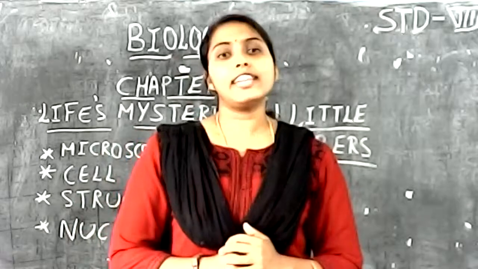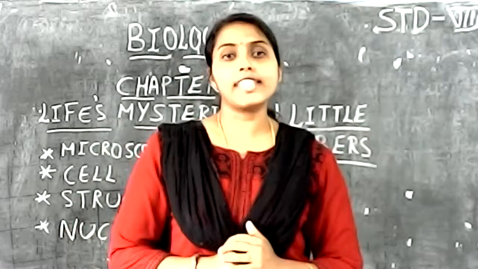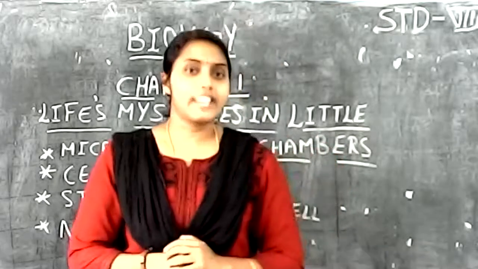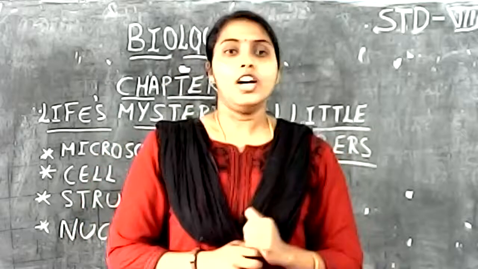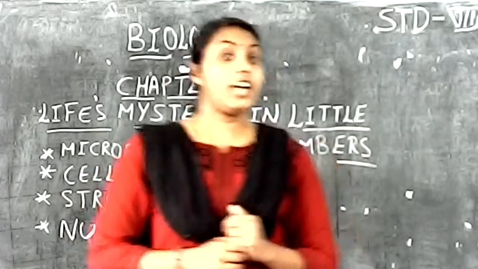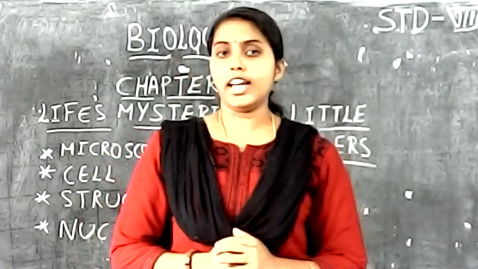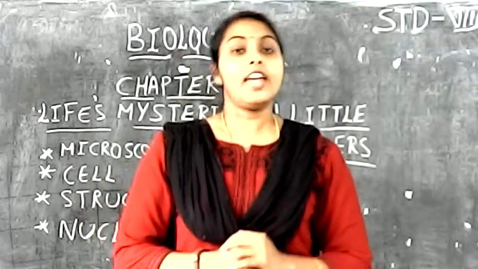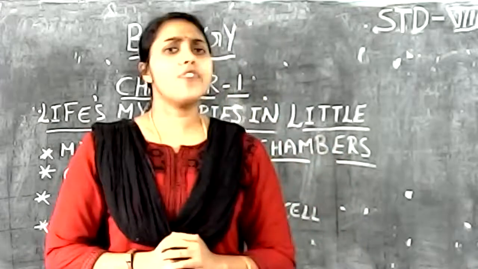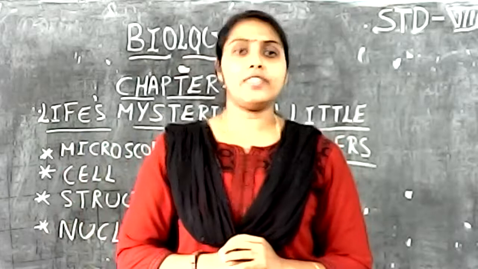The next scientist is Robert Brown. What has Robert Brown done? Robert Brown discovered the center of the cell and named it the nucleus. Then we have studied about M.J. Schleiden. M.J. Schleiden found out that the body of a plant is made up of cells. Then Theodor Schwann found out that the body of an animal is made up of cells.